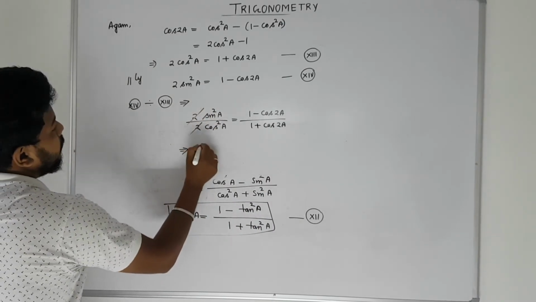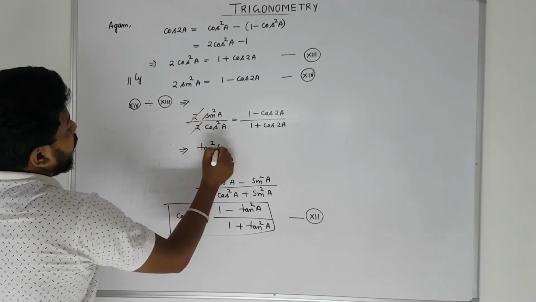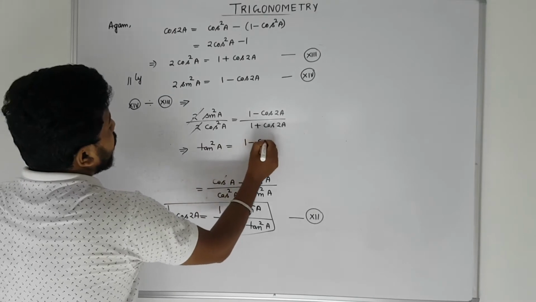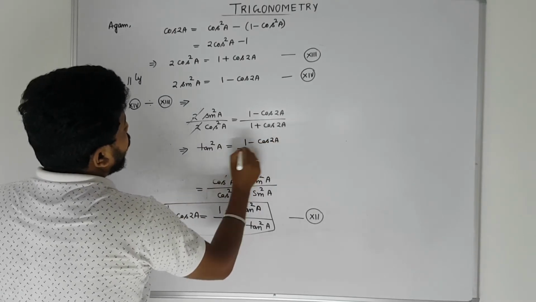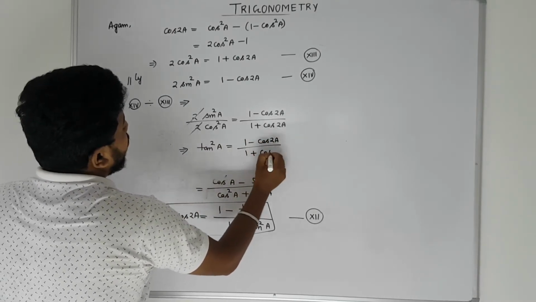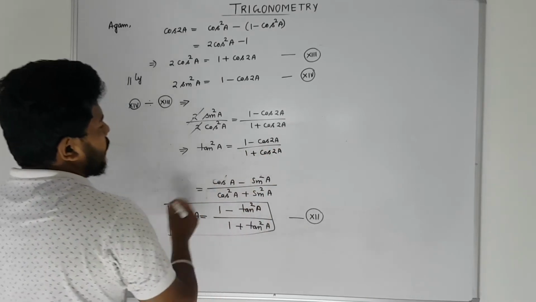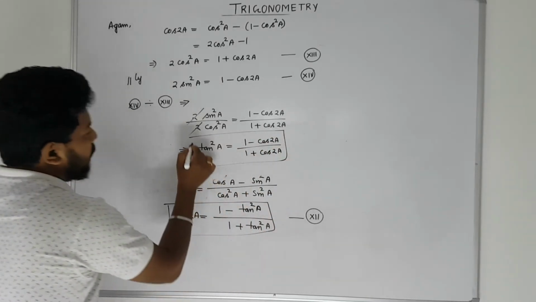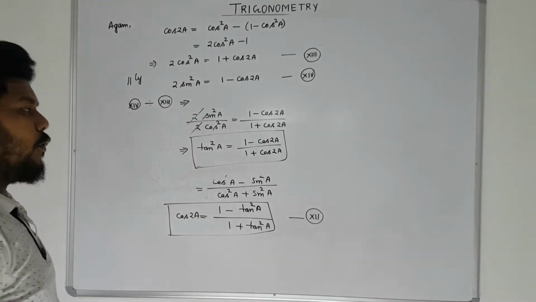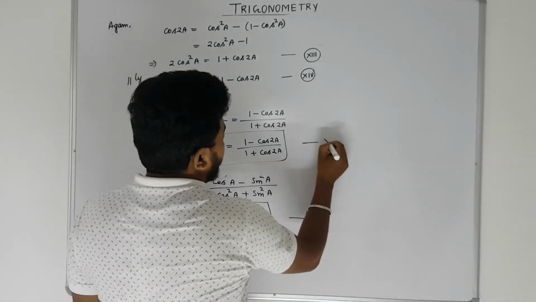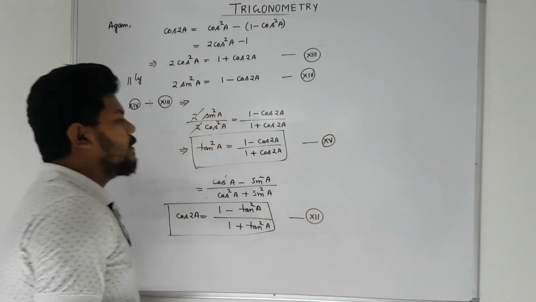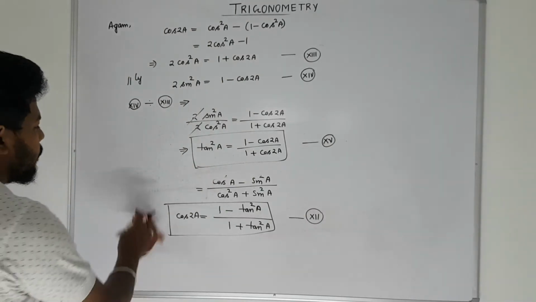This is tan square A is equal to 1 minus cos twice A by 1 plus cos twice A. So, you can also express tan square A in terms of cos twice A. This is my number 15. This is all about cos.